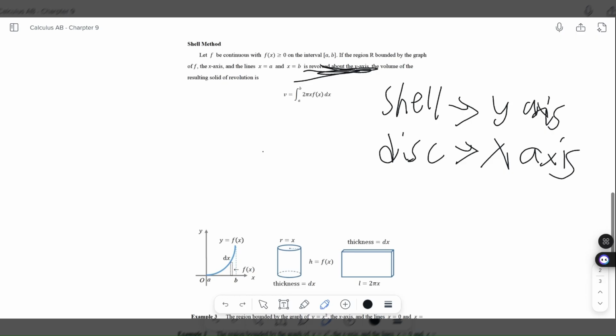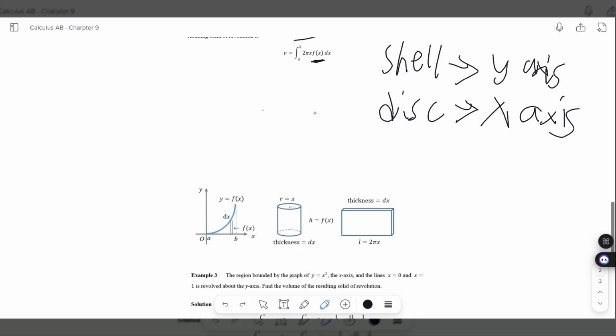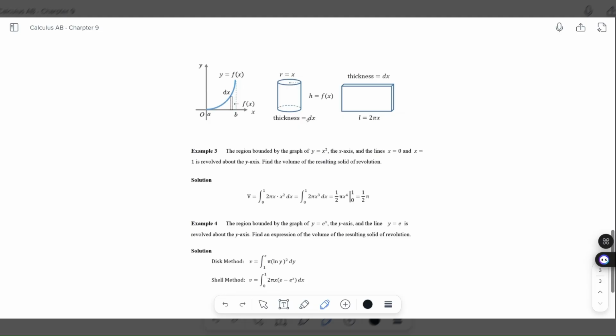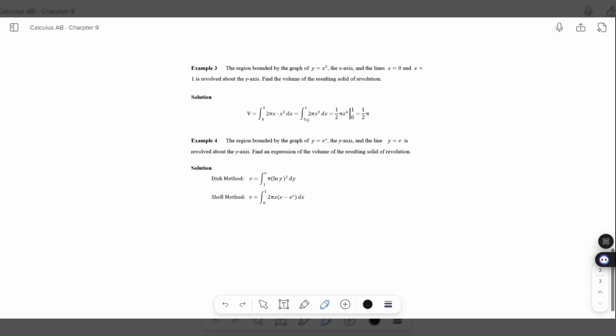So now into the formula, your volume, your boundaries a to b, 2 pi x, and then the f of x, as same as before in this method, is your radius. It's what we talked about before, the radius. Example 3. The region bounded by the graph of y equals x squared, the x-axis, and the lines x equals 0, and x equals 1 is revolved about the y-axis.